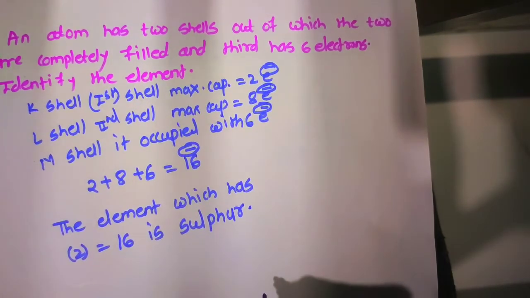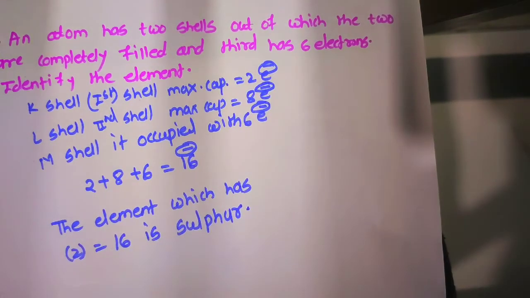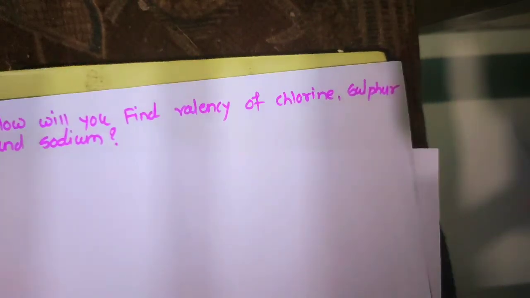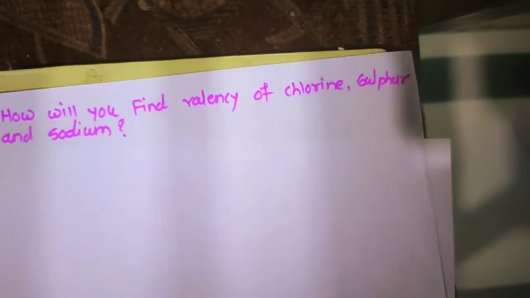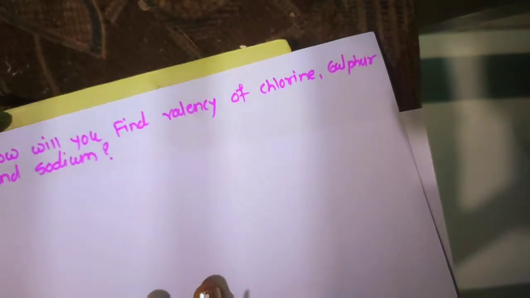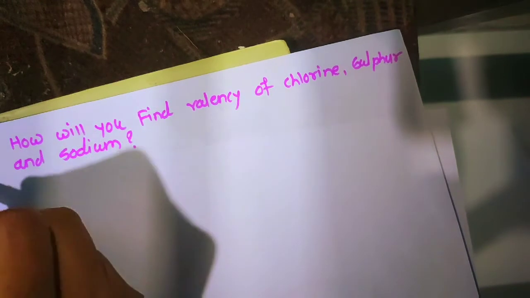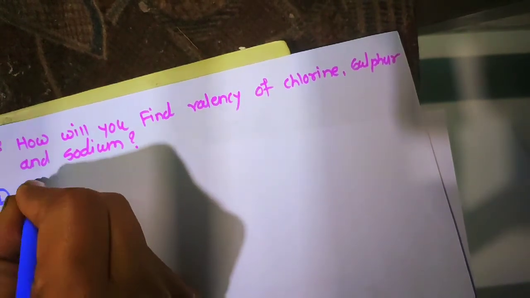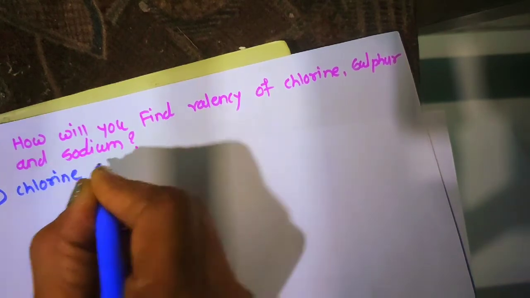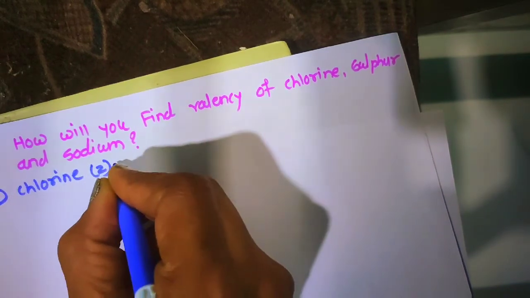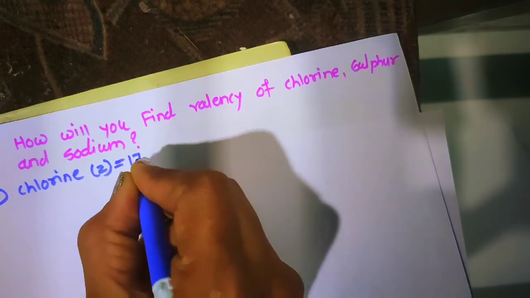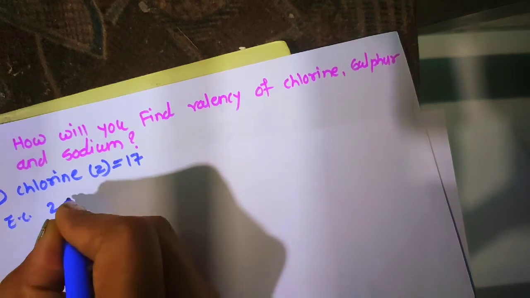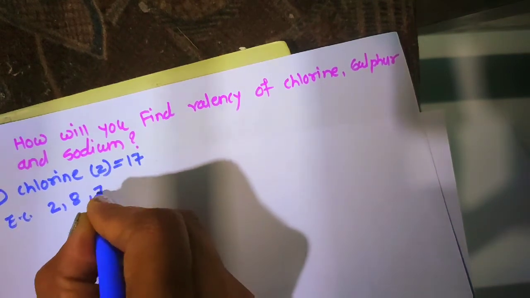Clear, students? Good. Now our last question is, how will you find the valency of chlorine, sulfur and sodium? First of all, we will start with chlorine. Its atomic number Z is 17, electronic configuration 2, 8, 7.